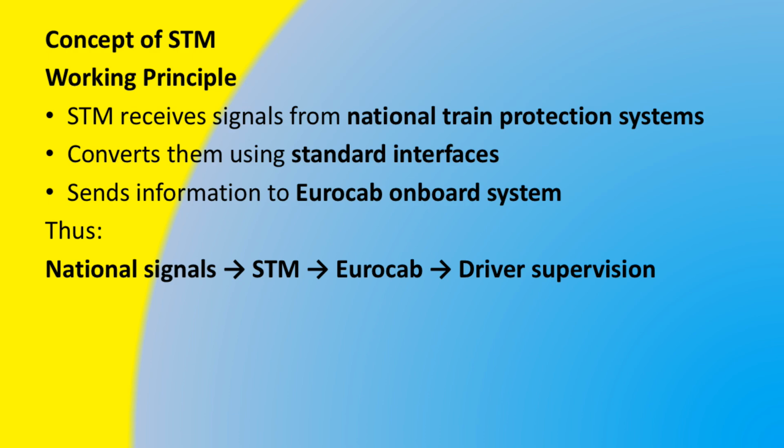The EuroCab processes this information and displays it to the driver through the driver-machine interface. So the information flow is national signaling system, STM module, EuroCab and driver display. In this way, the ETCS equipped train can understand the national signaling information.